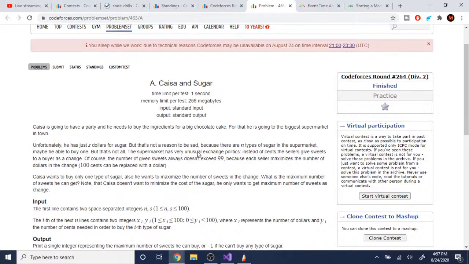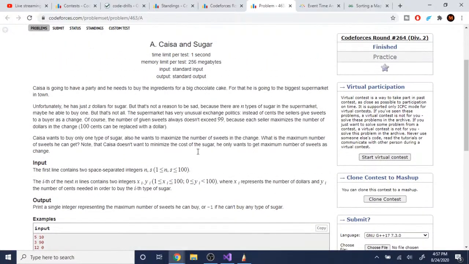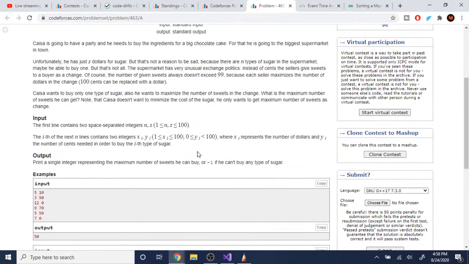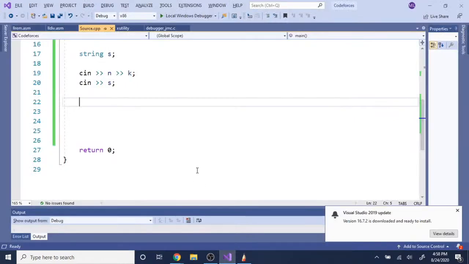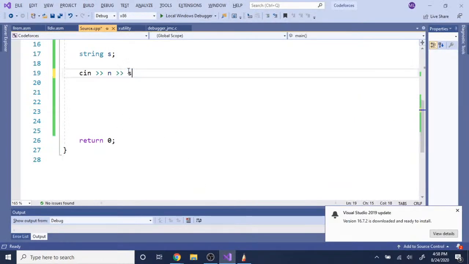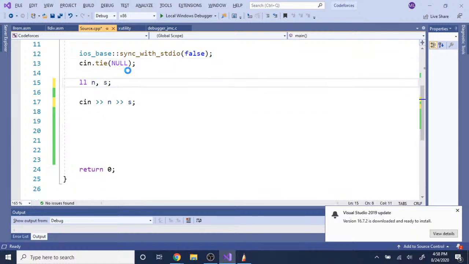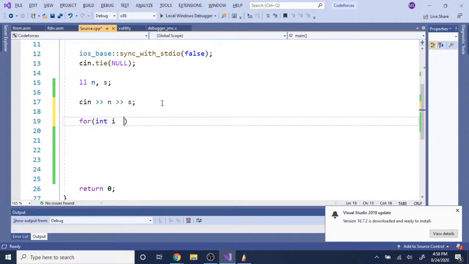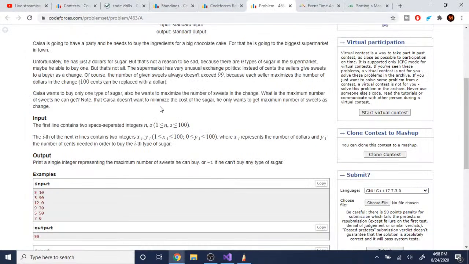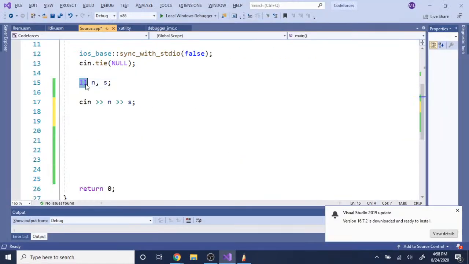Okay, let's see. S stands for sugar. Read an N and S, read an X and Y. Okay, so how big is N? That's 100, so I could use an int.